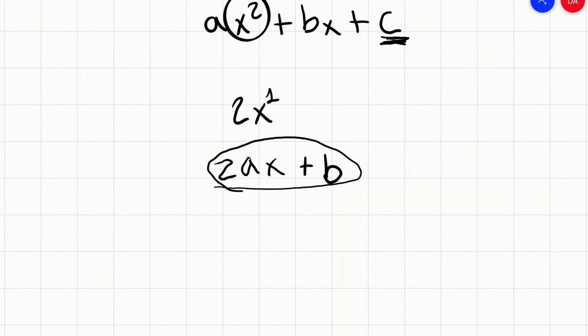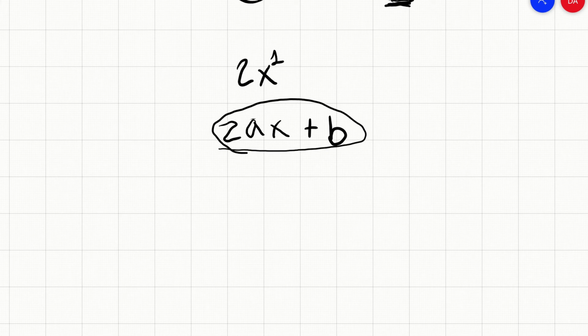So now let's say we want to derive this again. So we would be taking the rate of change of the velocity over time. So this would be the acceleration of the ball. And that's just 2a, because we already know that an x by itself, according to this rule, just goes away.